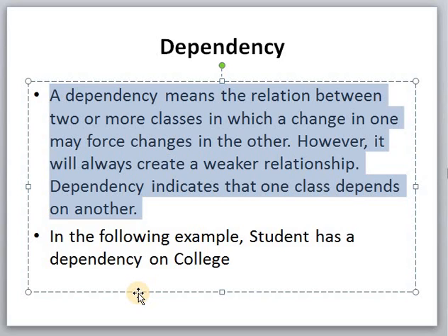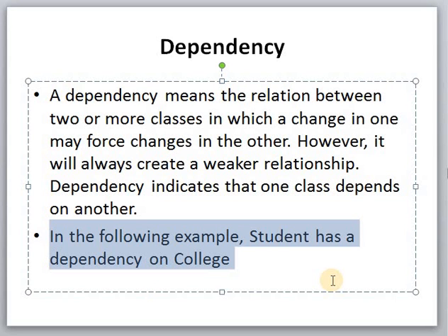So the type of relation between the two classes will be the dependency relationships. So if there will be a change in one class, will always affect or force the same changes in the other class. So dependency is always used to create the weaker relationships.